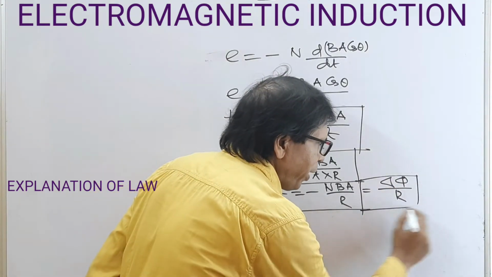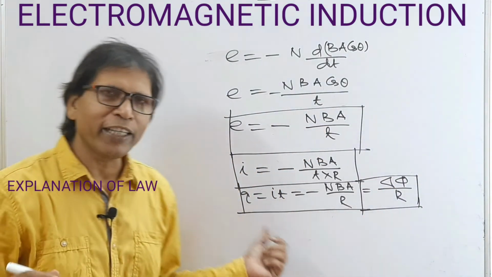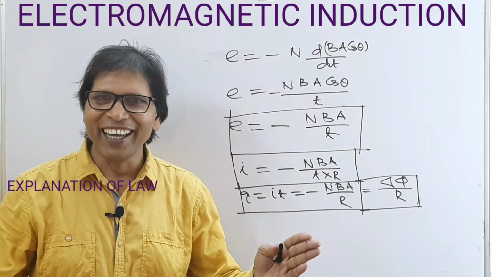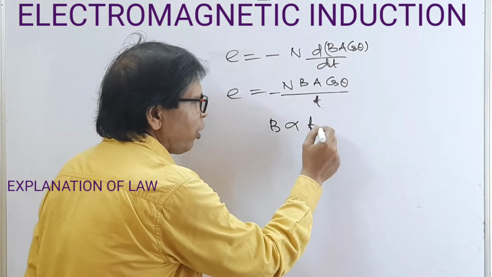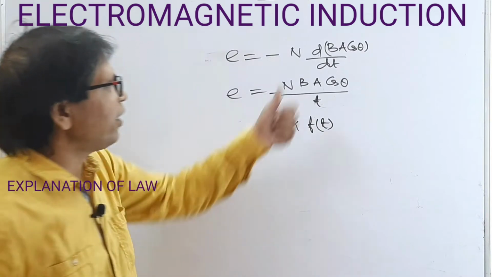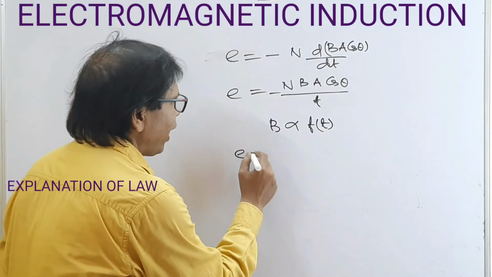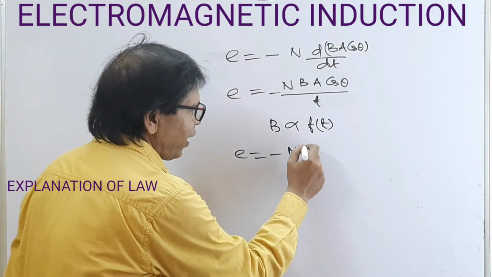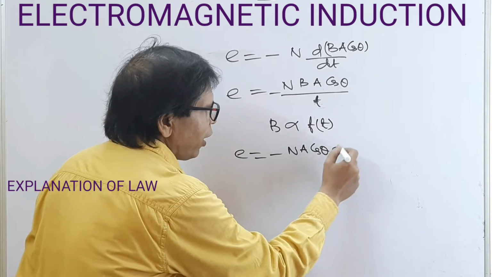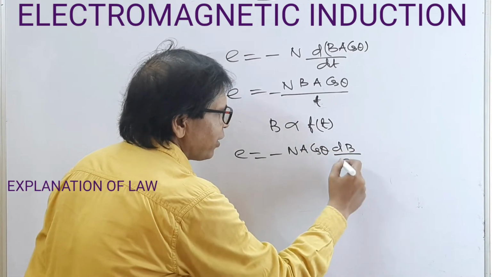This is very important in the context of EMI. When B is a function of time, in this case E equals minus NA cos theta times dB by dt.